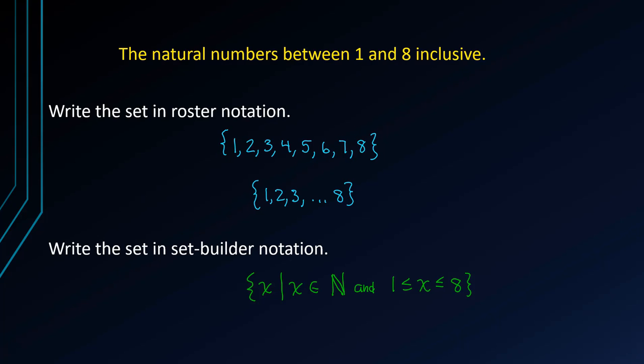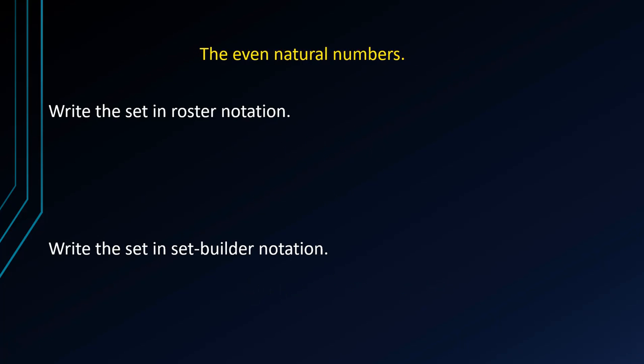So now let's try some other common number sets that you tend to see a good bit. And how would you relate these? Try this one here. The even natural numbers. First of all, how would you write this in roster notation? Well, for roster notation, we know what these numbers are.